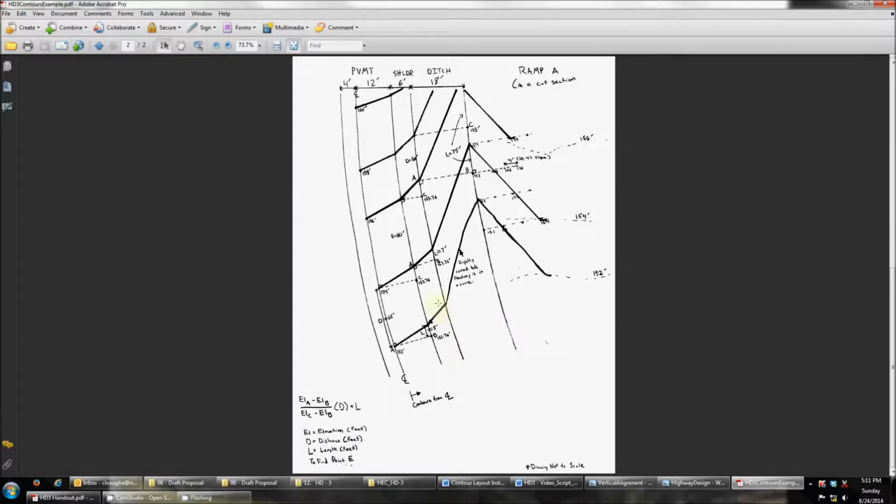So you do that same process for each of the shoulder points on NC 125, and after you've done that, we'll move on to the slopes beyond the shoulder points. As a hint, there's no ditches on any of the roadways except for ramp A.